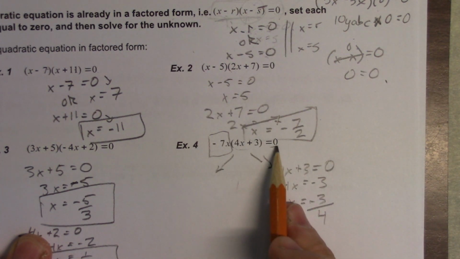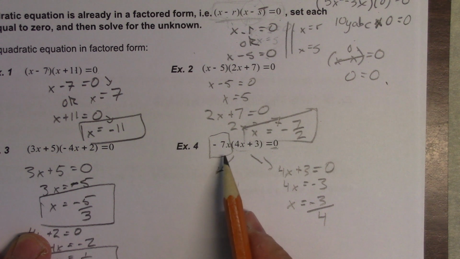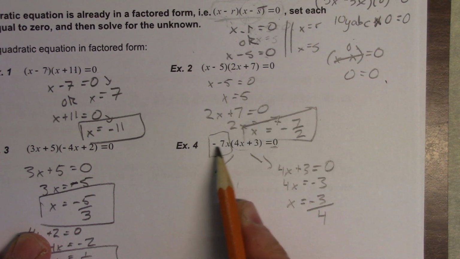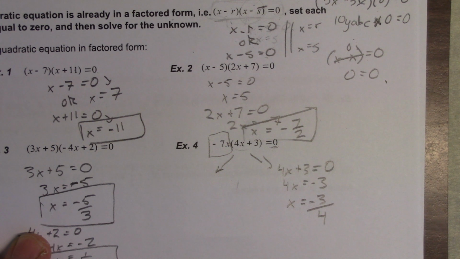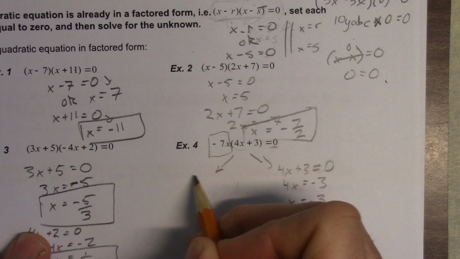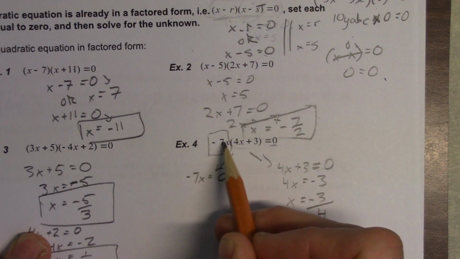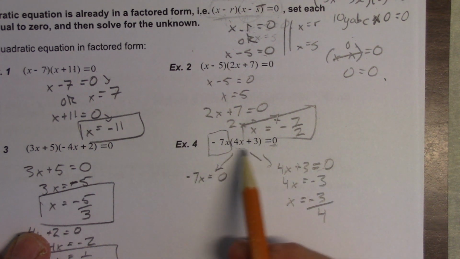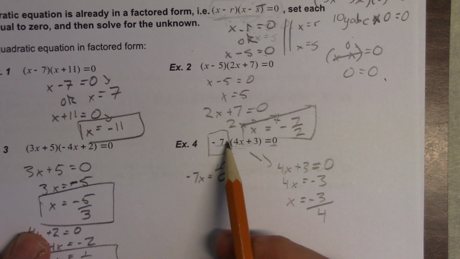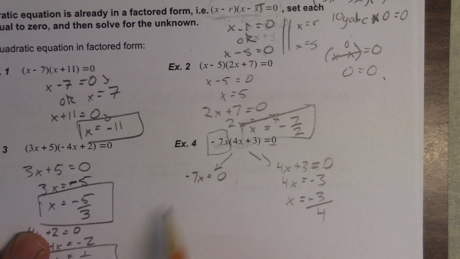To get the whole equation to equal 0, what do I need the negative 7x to be? Let him think, guys. He can figure this out. What times this would be 0? What does this negative 7x need to be? You're setting both of these equal to what? Yeah, you're going to set the negative 7x equal to 0. Because if that's true, Jaden, then this whole expression is going to be true, no matter what the 4x plus 3 is. Because you're going to have this term 0 times whatever is equal to 0. Okay, so now how do I solve this?